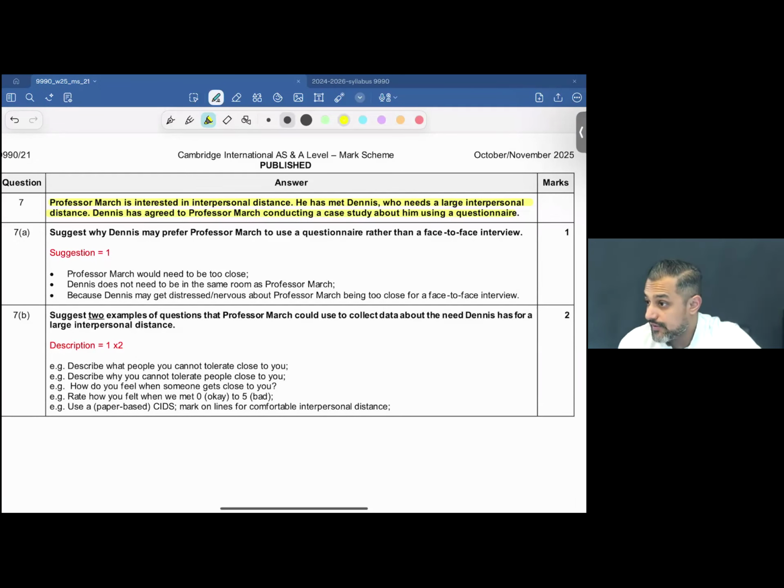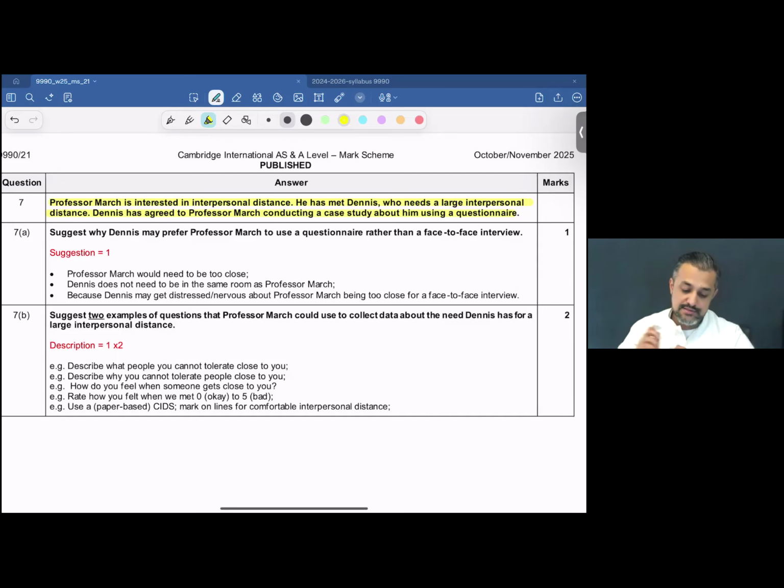Everything that's written there, read it at least twice, ideally thrice. If you're still not getting it, try a desi hack, try translating it in your mother tongue so that you understand the initial piece of information or the rubric that has been provided to you by the examiner.